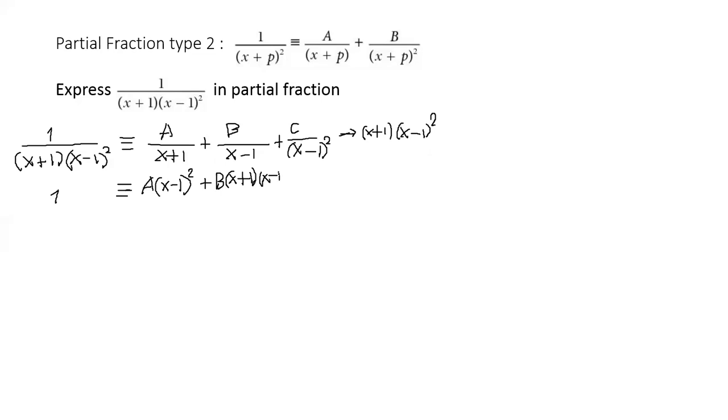And for the third term, c over x minus 1 squared times x plus 1 times x minus 1 squared, the new term is c times x plus 1.